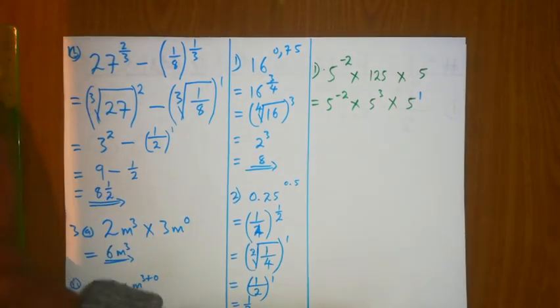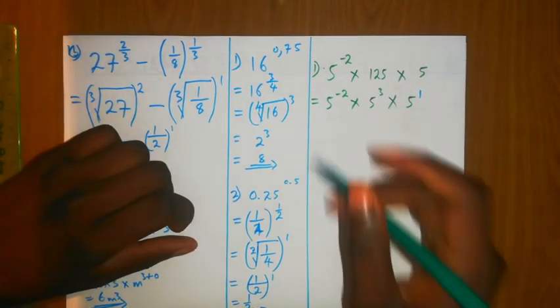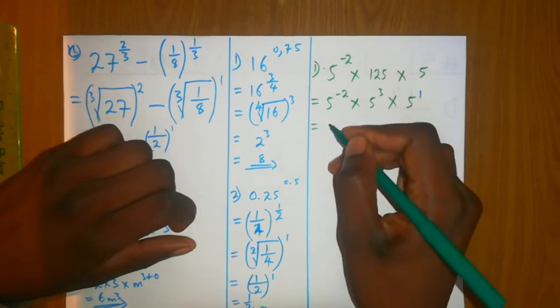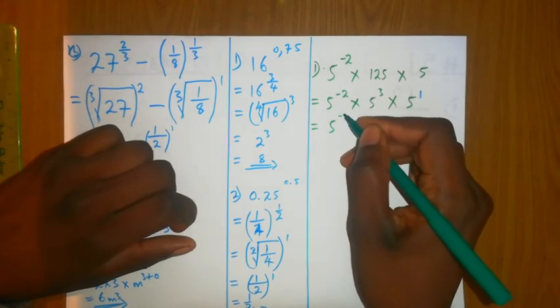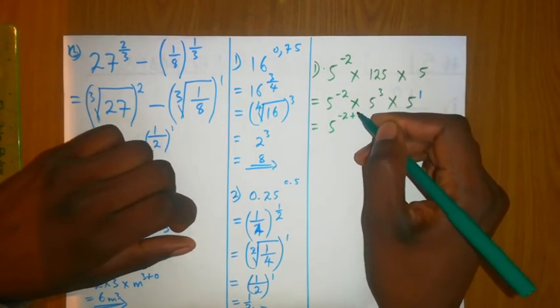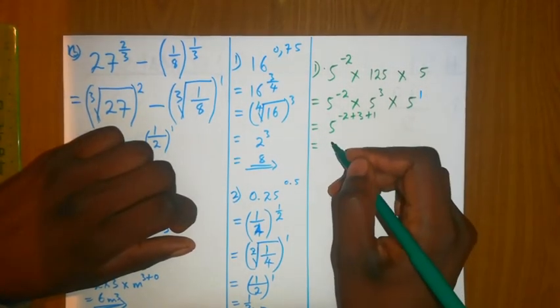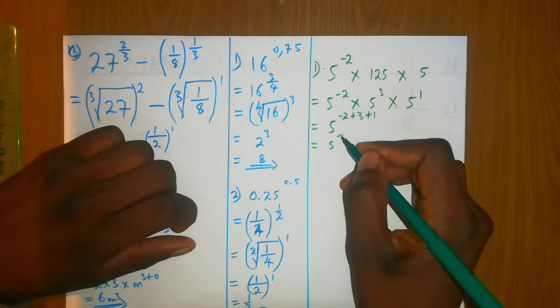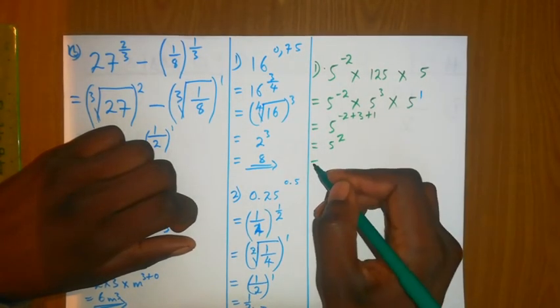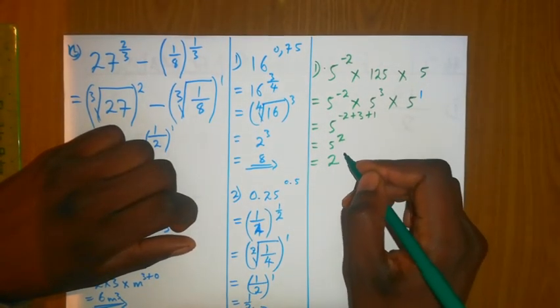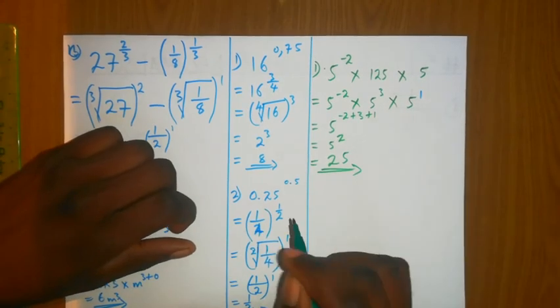I now apply my laws of indices. It's equal to 5 to the power of -2 plus 3 plus 1, so that's 5 to the power of 2. Then my final answer is 25. That is our final answer.